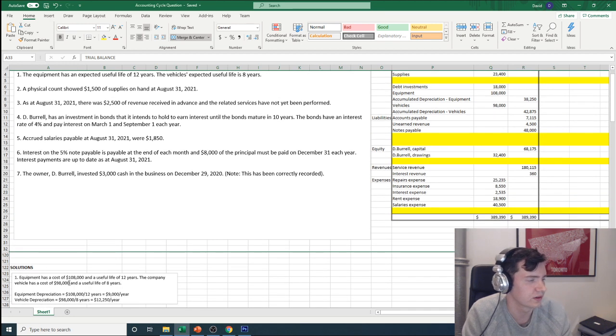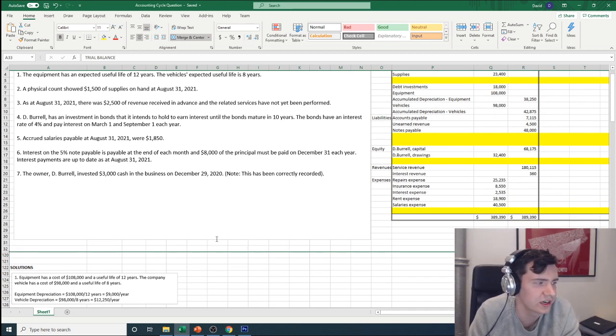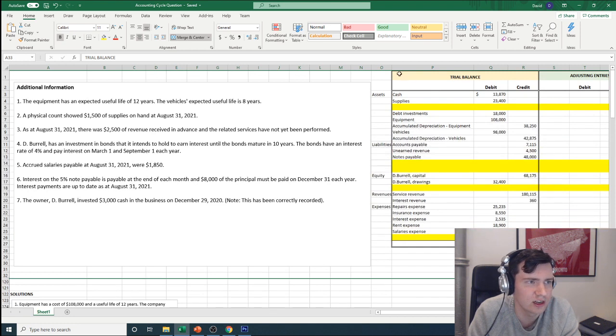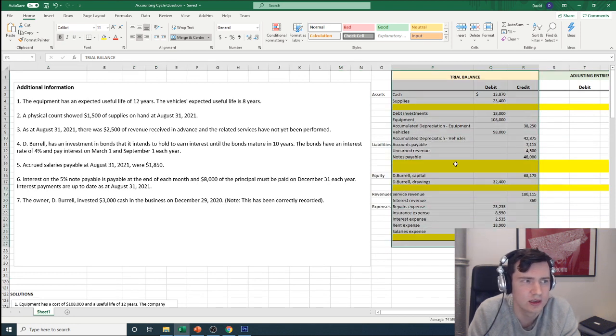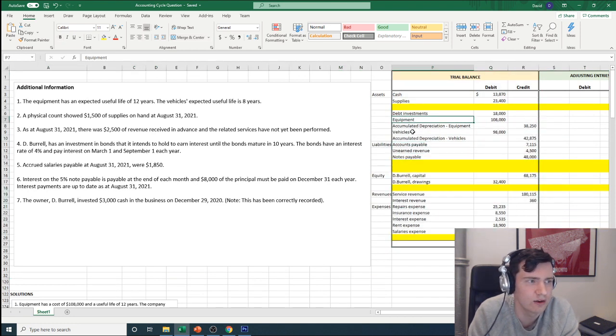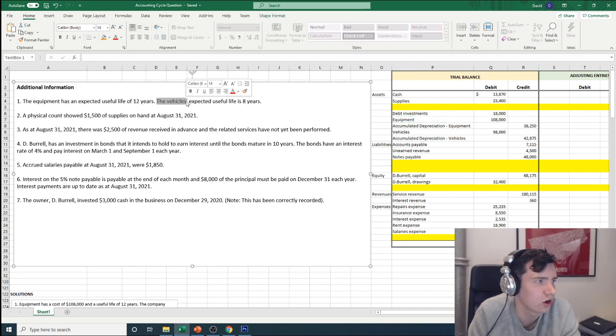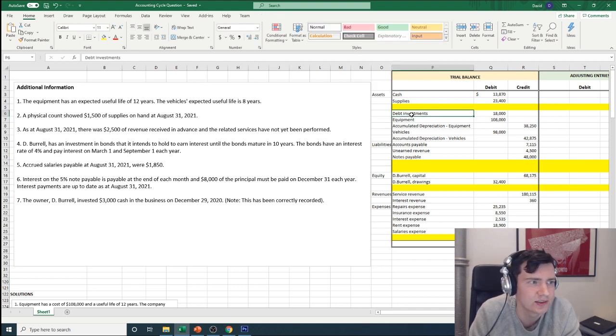So, solution. This is the trial balance. This is what's given to us. The way we figure out how much our equipment and vehicles cost is by looking at the trial balance, because the trial balance has the balance of our equipment and our vehicles.